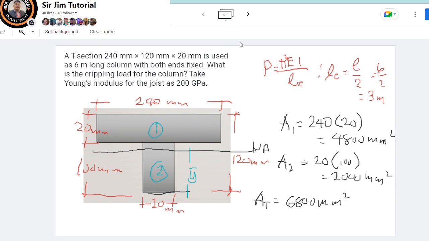Okay, so let us now locate where the neutral axis is. Let us copy this drawing to the next page.